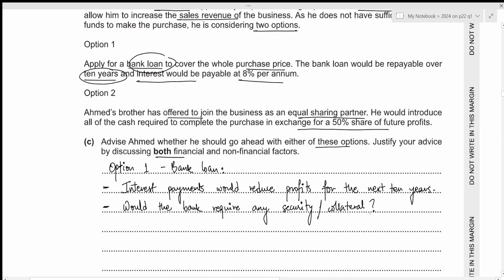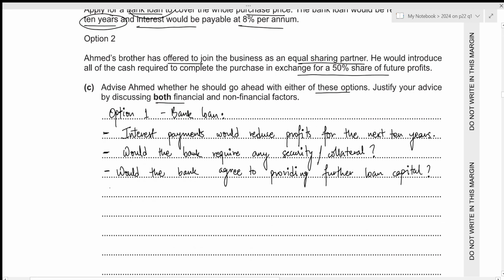And we also know that we have an existing bank loan of 8,000. So we can also ask whether or not the bank would agree to provide further loan capital. Let's write it down. Would the bank agree to providing further loan capital?